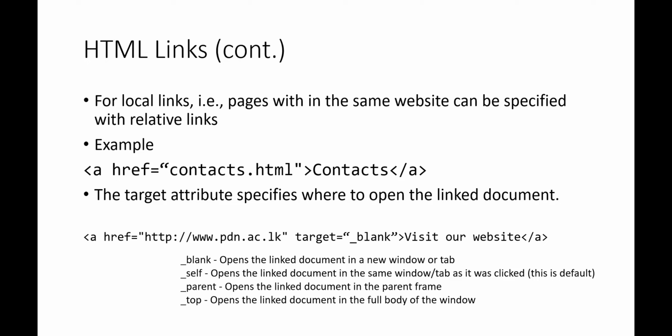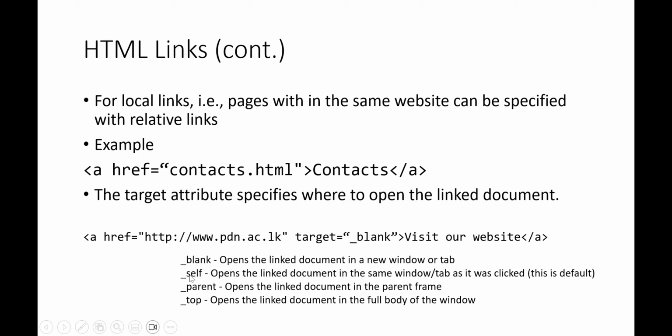Now, for example, we can say target. So when you use the target attribute with href, we can say where you want to direct your page. These are the values you can use. If you use underscore blank, it will open up in a new window.